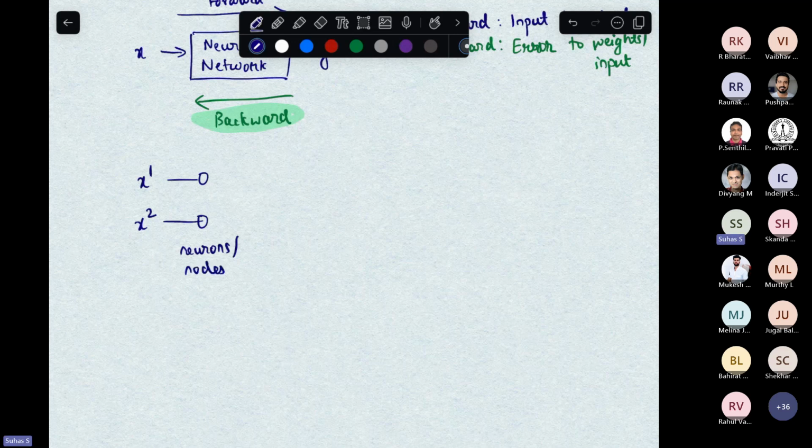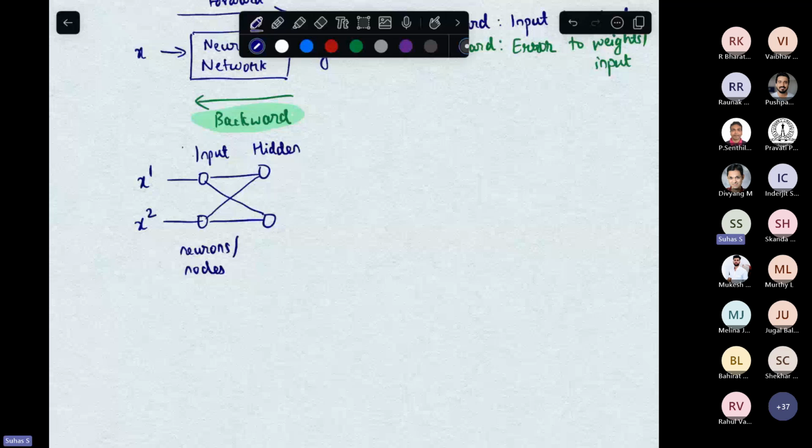So this is known as the input layer. This is the input layer, and then we have two hidden layers, and finally let's say we have one output layer, giving us y hat, which is the prediction.